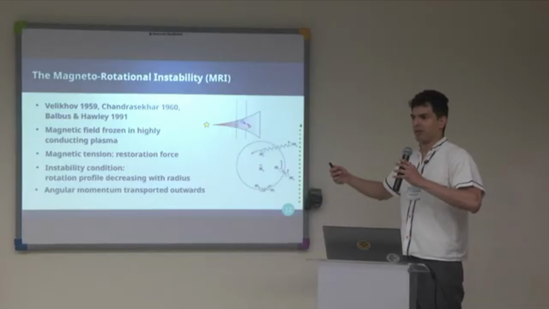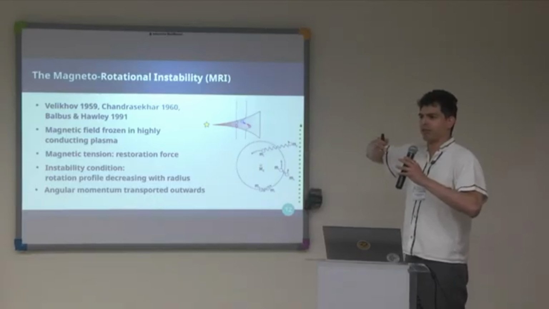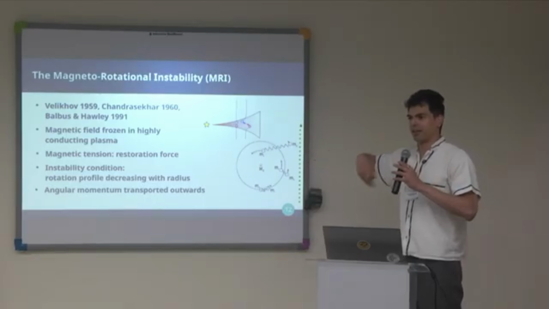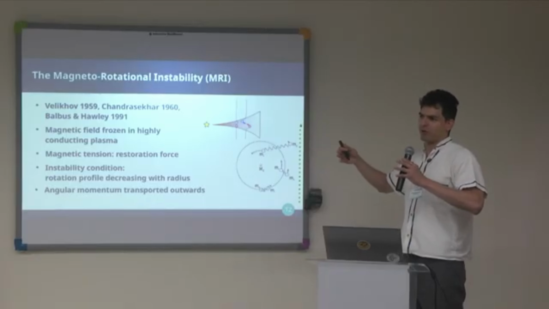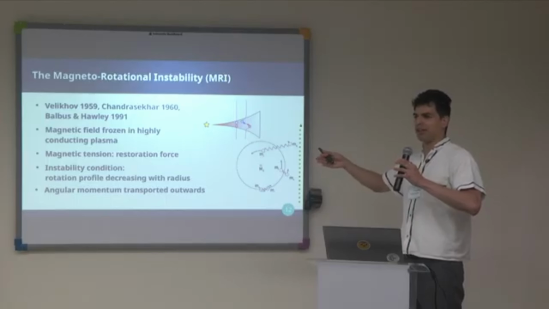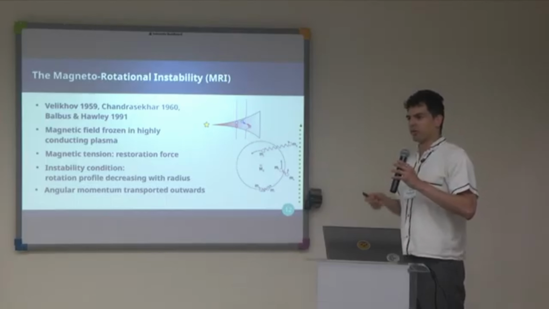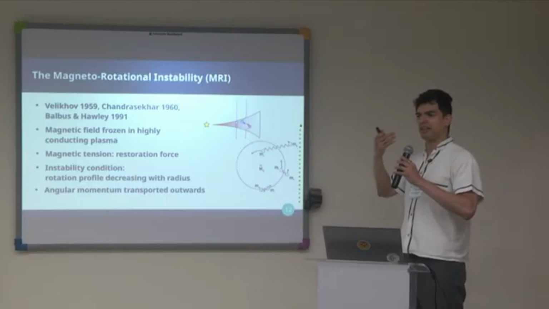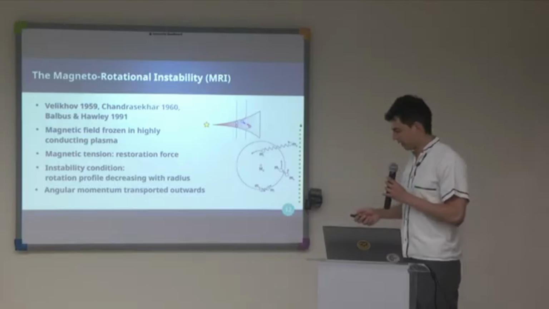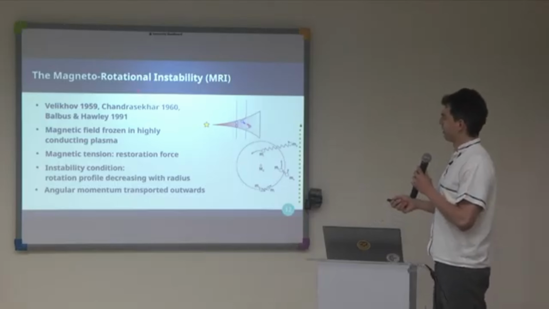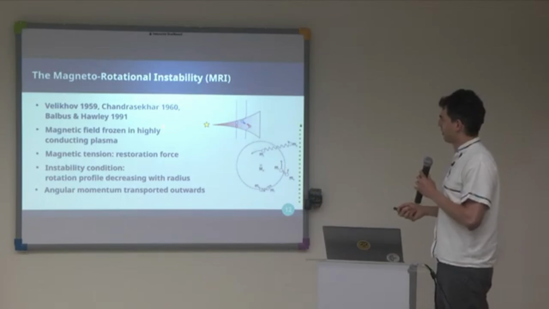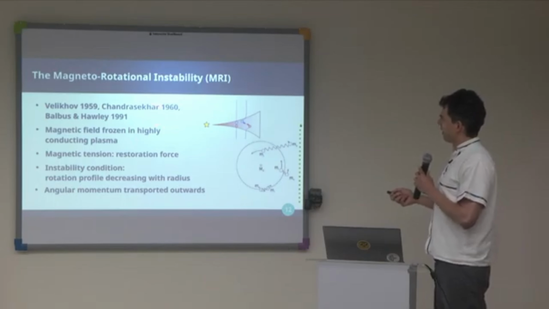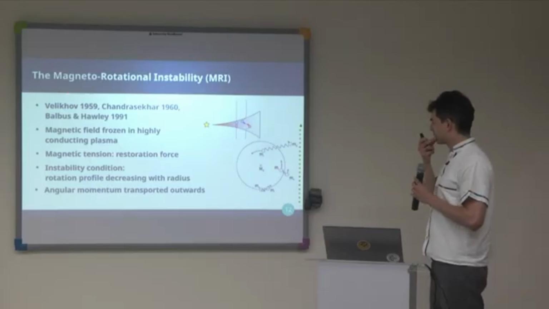This is because if one just has matter orbiting around an object, just because of conservation of angular momentum, it cannot get too close. So it needs to get rid of the angular momentum in order to fall to smaller orbits, and this is why we need angular momentum transport. So let's see how this works, in particular for the magnetorotational instability.